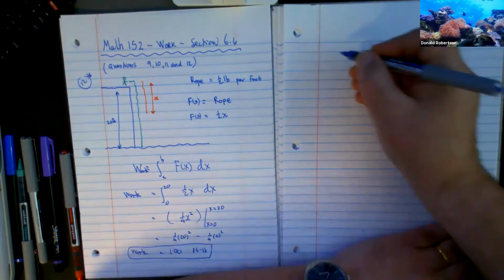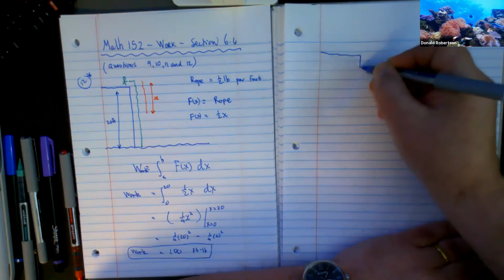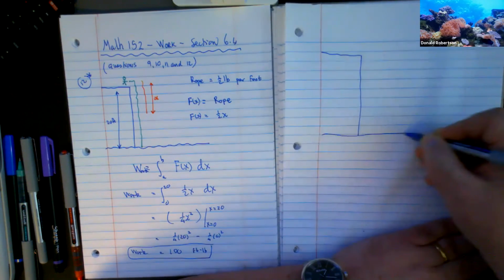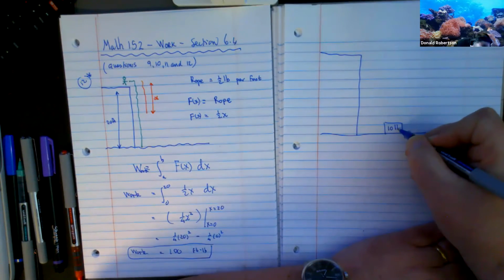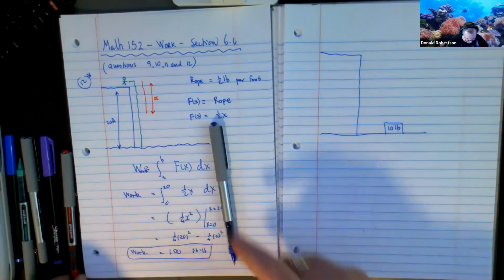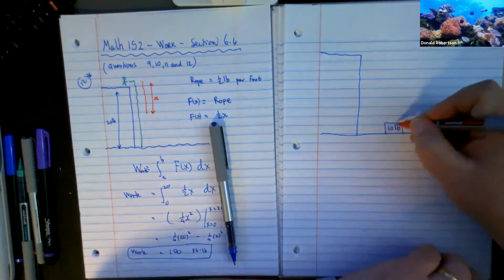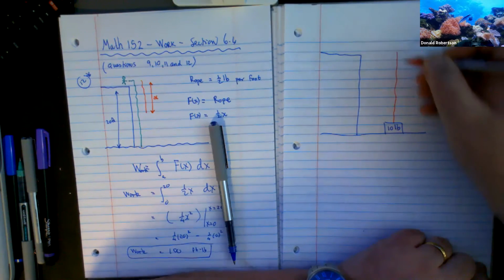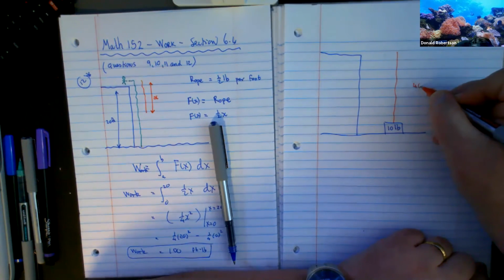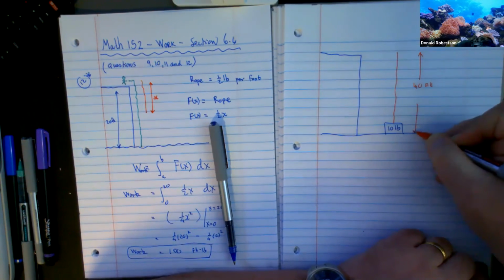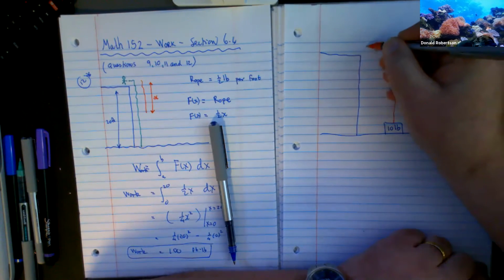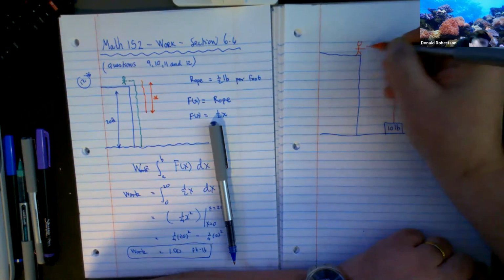So, second version of the story, I'll change the numbers a little bit. There is a 10-pound weight, and it's attached to 40 feet of rope. There's my little guy. Pretend that's not there, right?